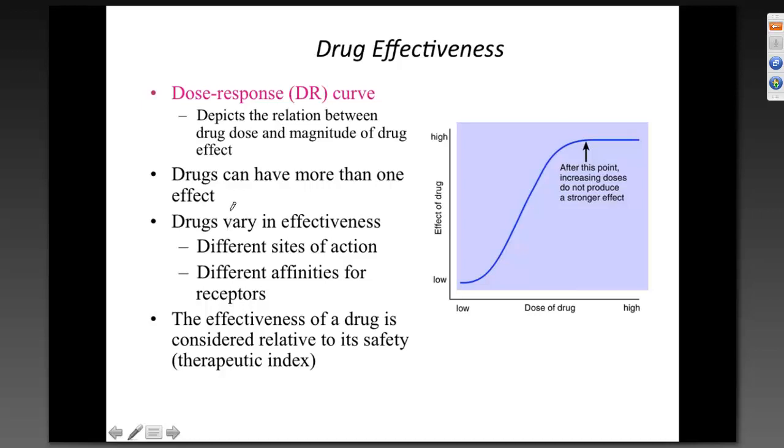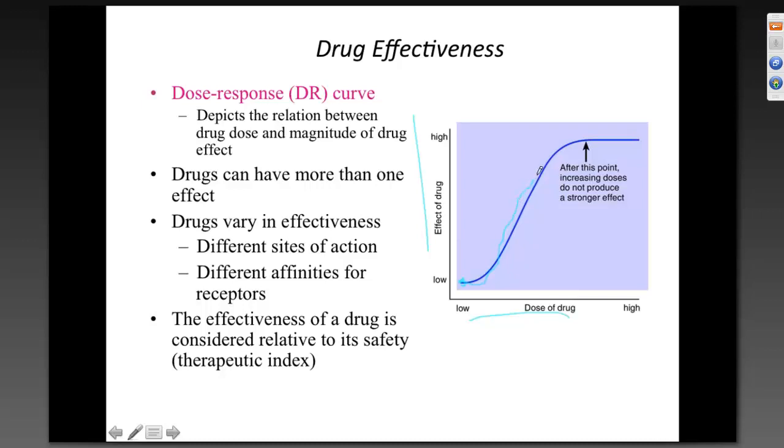Okay, let's see. Drugs have no more than one effect. So let's take a look at this chart down here, right? If we look on our y-axis here, that's the effect of the drug, whatever that is. It really doesn't matter. And then on our x-axis is the dose. The idea here is if we start from the 0 point, right, and we move towards increasing our dose, at some point the effectiveness starts to get more and more, okay?